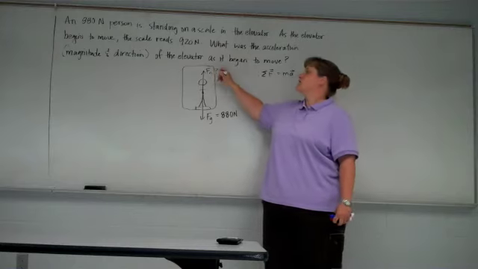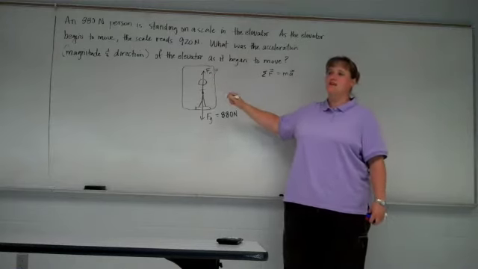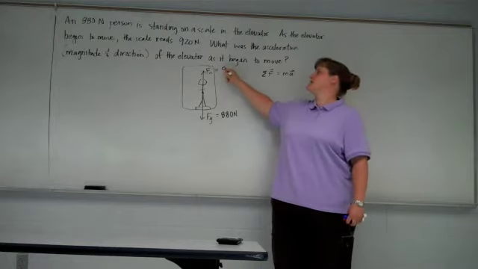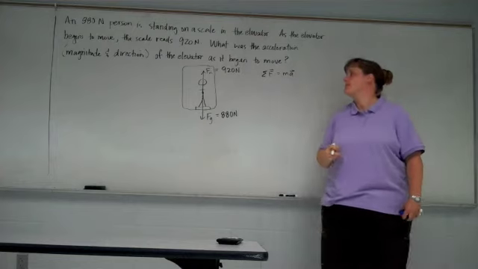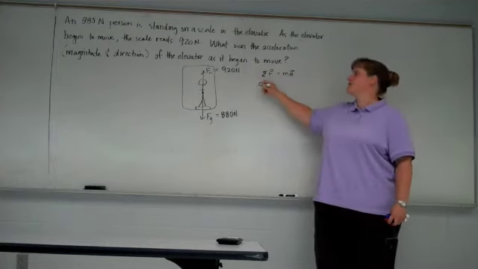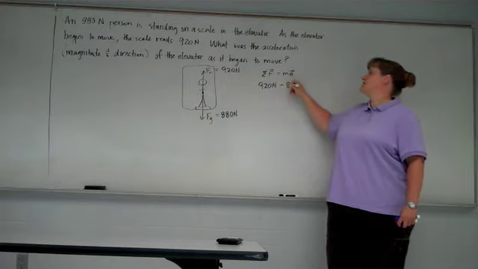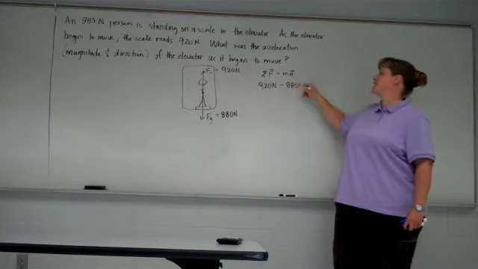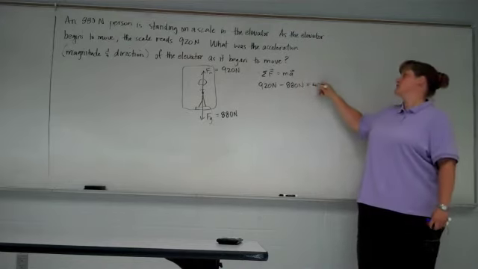If we look at the period of time when the elevator is accelerating, the normal force is the 920 newtons. So net force, we have 920 newtons upwards. We have 880 newtons downwards, so we have to put the negative sign on it. So the net force is 40 newtons.